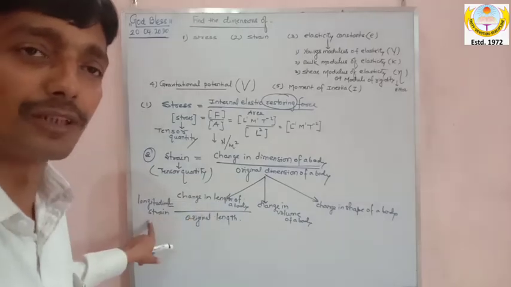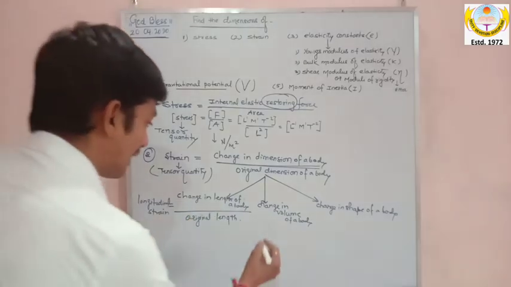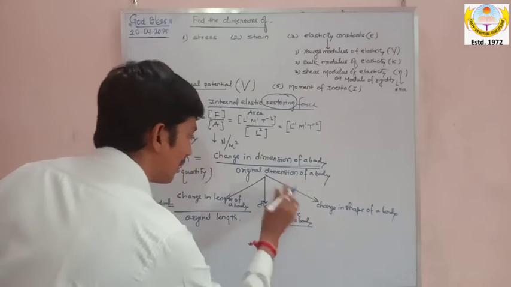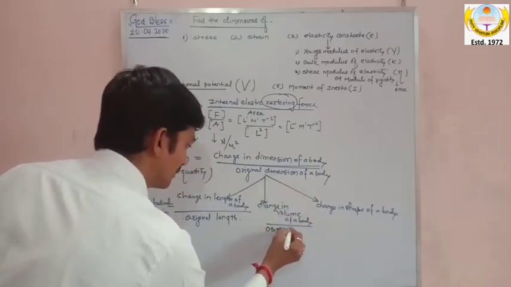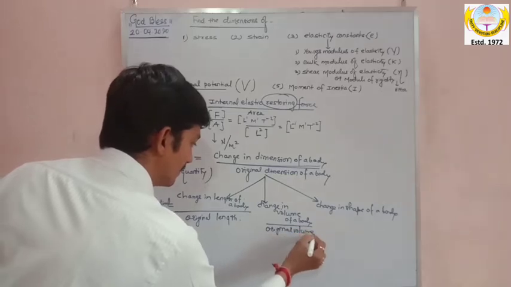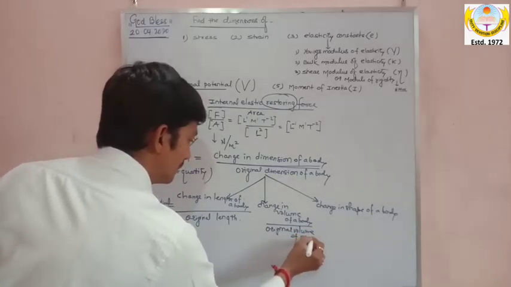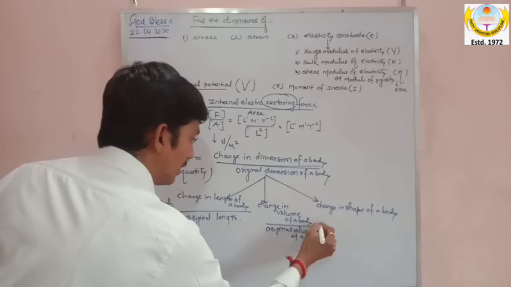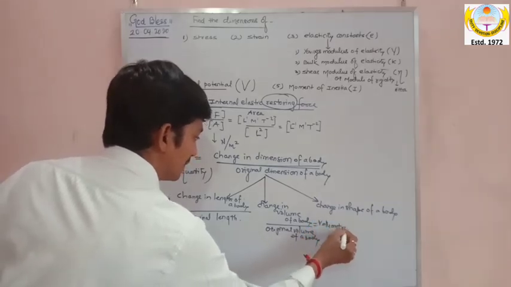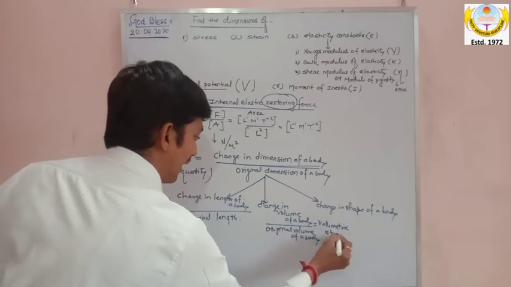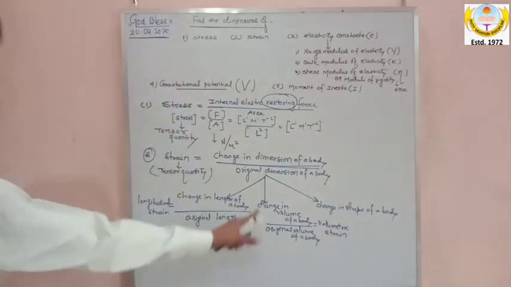Then the name given was longitudinal. There is another: change in volume of a body per unit original volume of a body, and it is called volumetric strain. This is called volumetric strain.